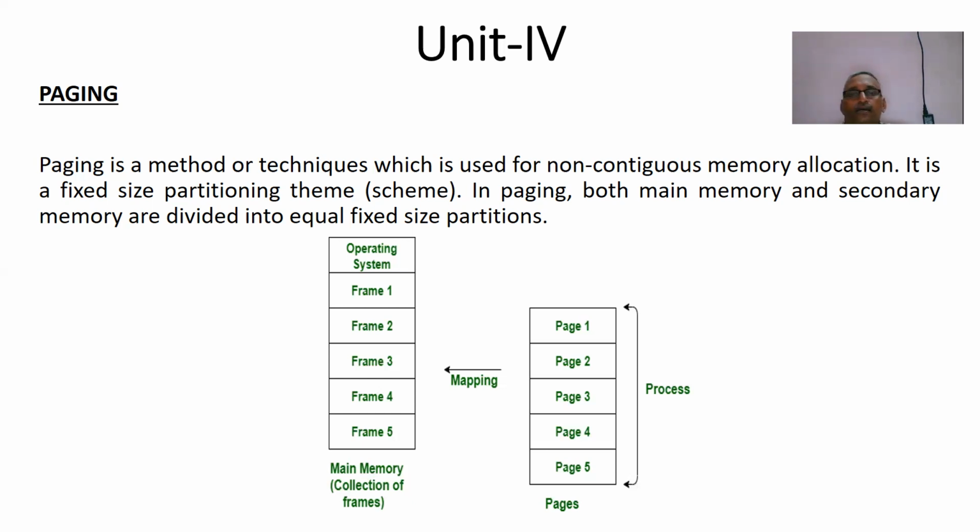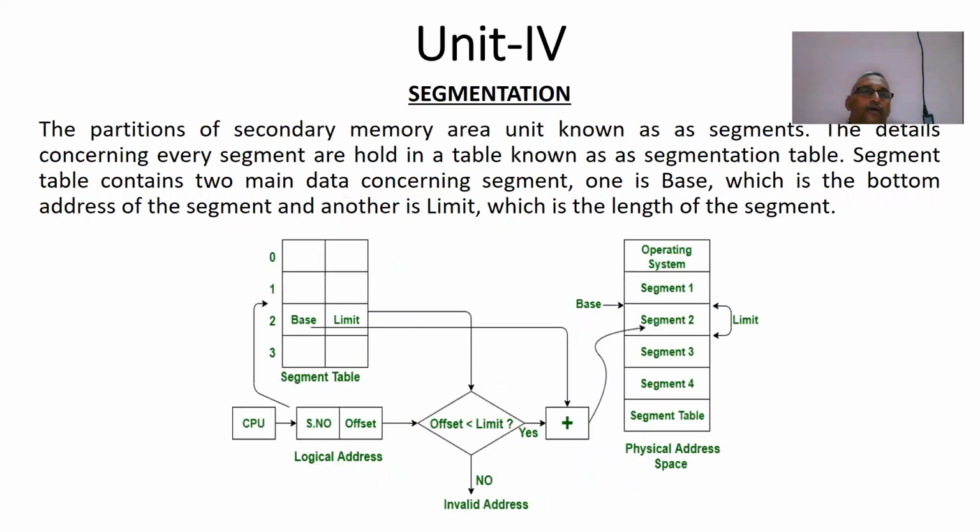Next thing, segmentation. Segmentation is another non-contiguous memory allocation scheme, like paging. Unlike paging, in segmentation the process is not divided indiscriminately into fixed size pages. It is a variable size partitioning scheme.